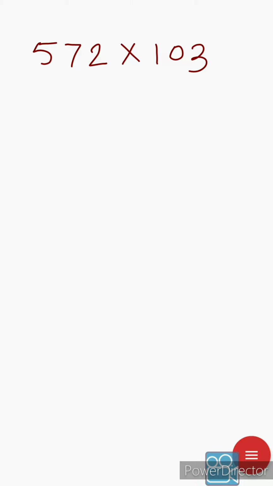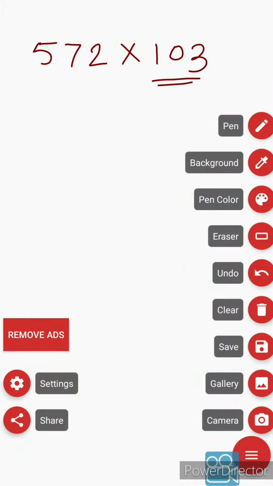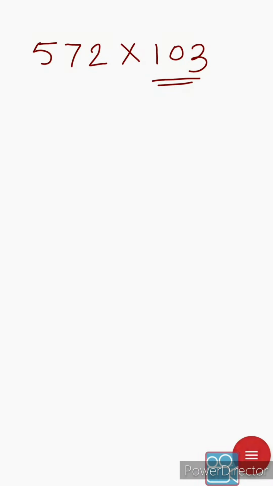Now I have just now told you in the previous sum that you have to select one number and you have to break it in such a way so that that number can be broken up in terms of 10, 100, 1000, 10,000, 1 lakh, like this. So we can see here this number 103, we can break it as 100 plus 3, right?